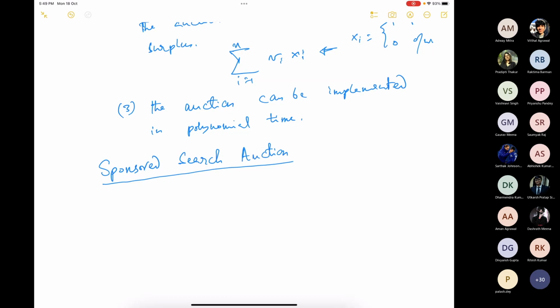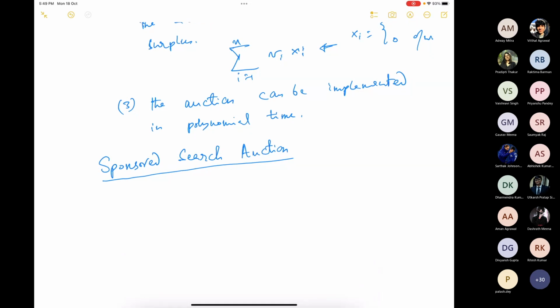Okay, so what is the model? The model is that whenever we search for a keyword in any search engine, say Google, here is the keyword, and then we get these results. On the right hand side here we see various ads, ad 1, ad 2, and so on.